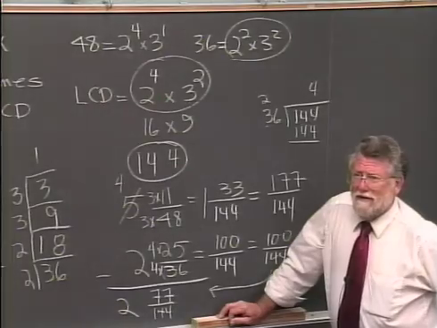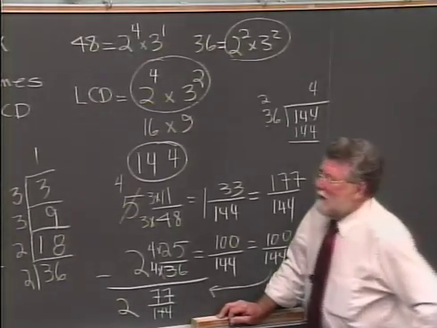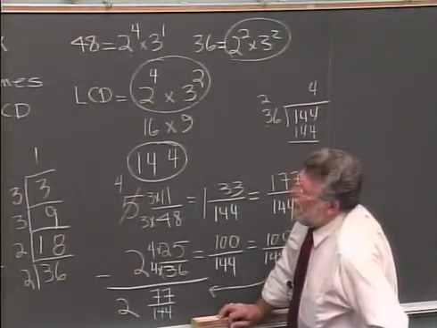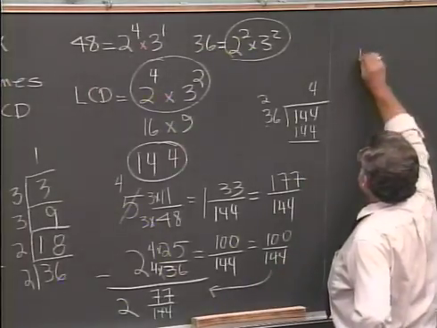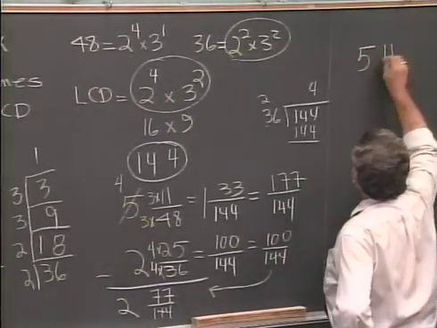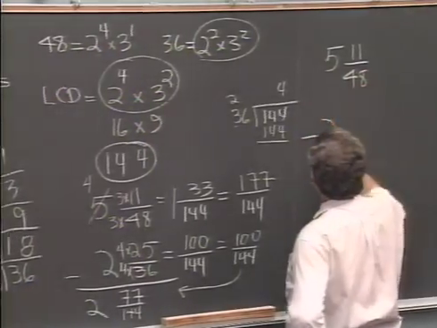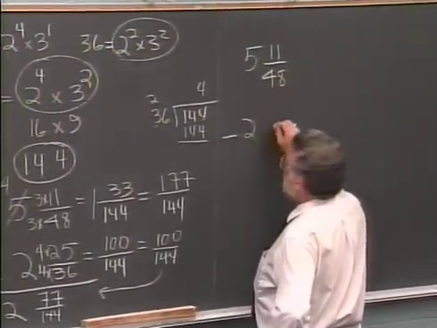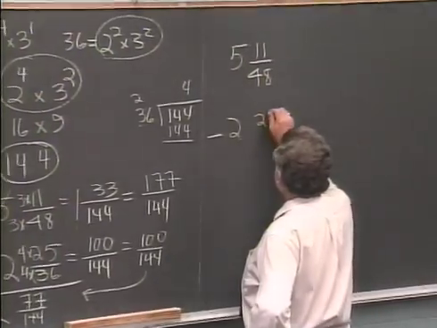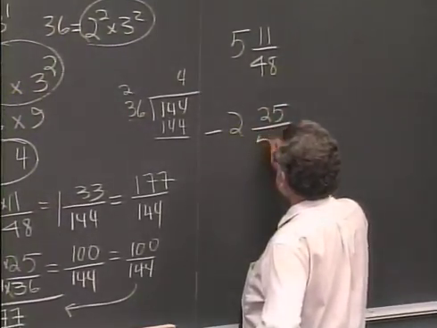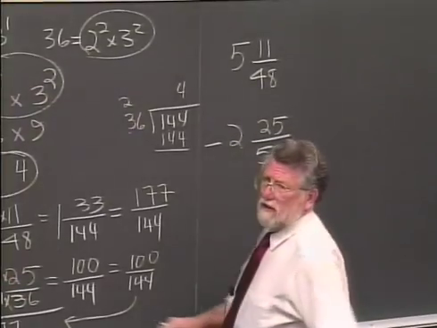just to have fun. Okay, I started out with 5 and 11/48. I'll try to make it so it's not too much worse, and I'll leave this one down below as 2 and 25, but here's what I'll change it to. 56.